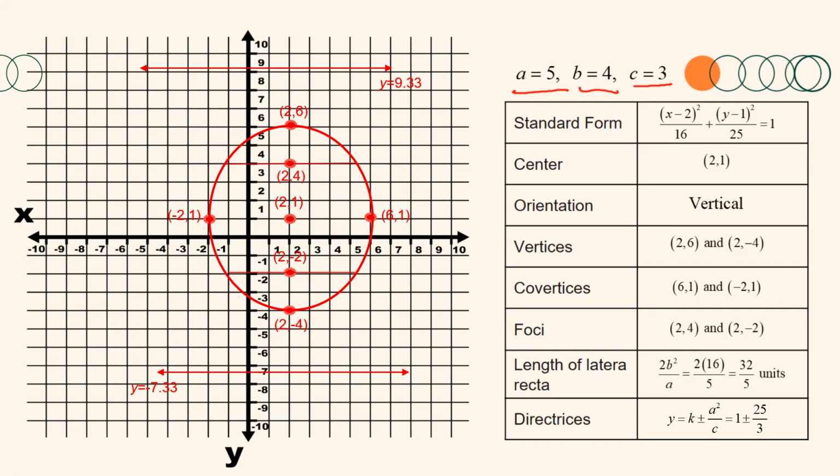Substituting the values of k, a squared, and c, we can see that the directrices are the lines y equals negative 7.33 and y equals 9.33 when simplified.